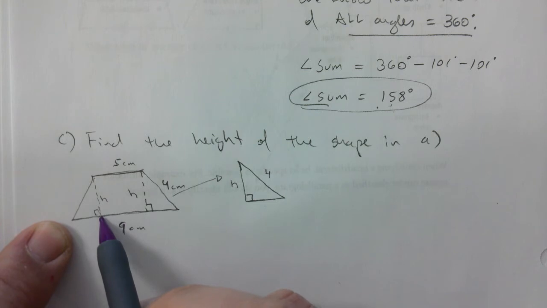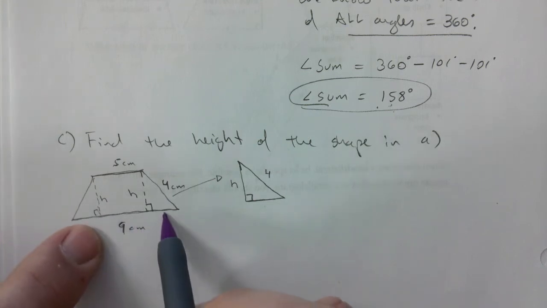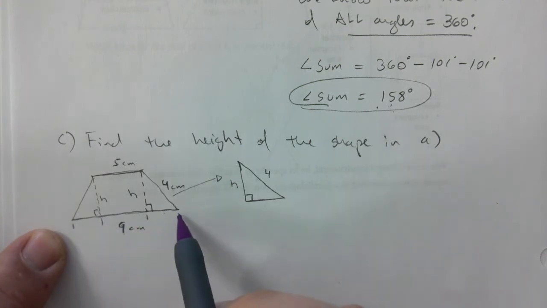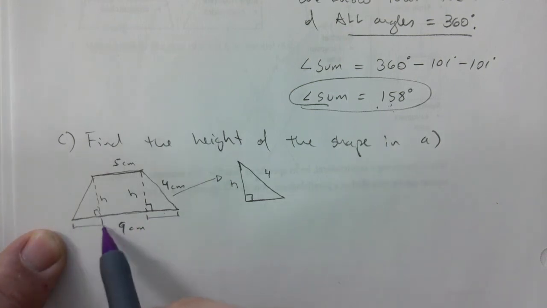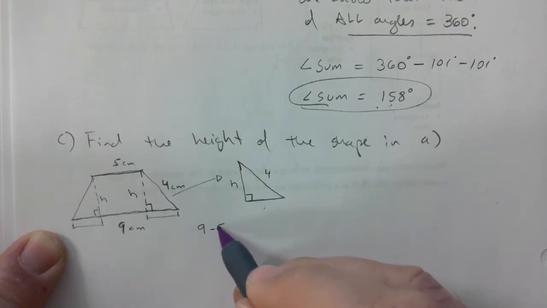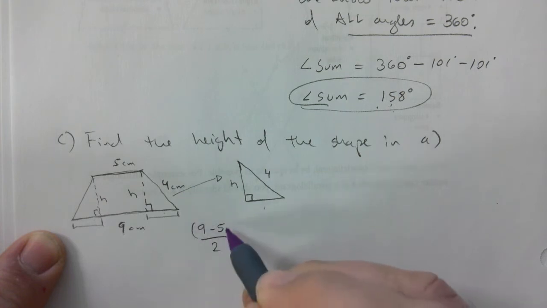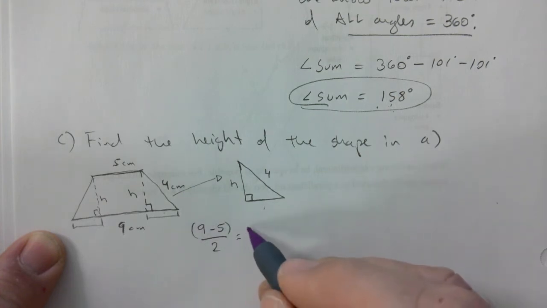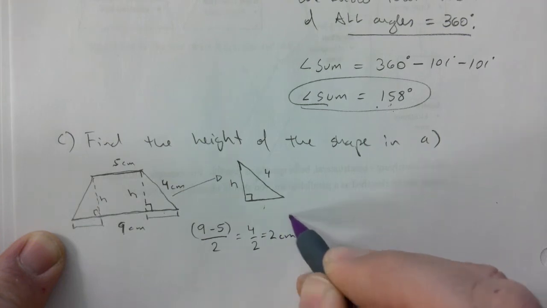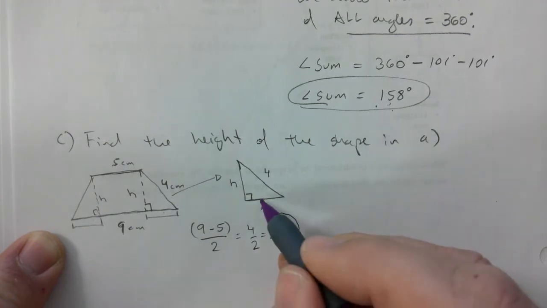And if you divide that leftover by 2, you're going to get what these two stretches are over here. So to get that piece, you go 9 minus 5 divided by 2. The top needs to be in brackets, right? That's 4 divided by 2, which is 2 centimeters. And that's what that is going to be, 2 centimeters.